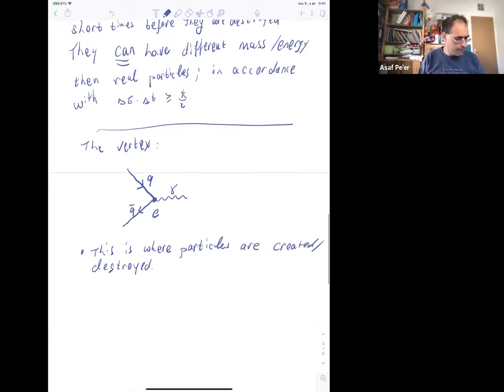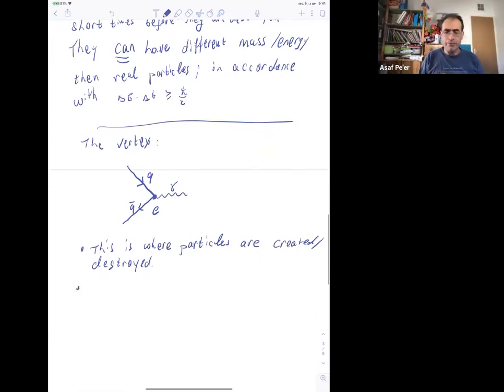That also describes the type of interaction we have, whether it's electromagnetic, weak, or strong. It describes the type of interactions.